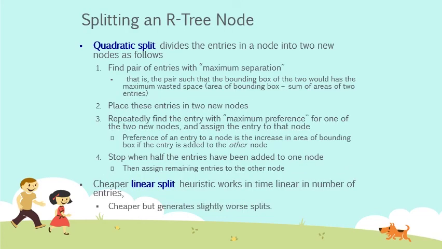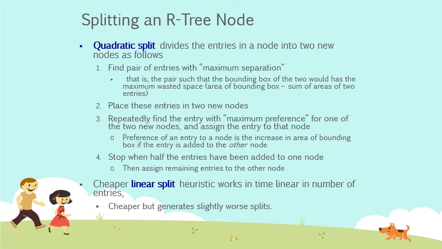Now let's see quadratic split, which divides the entries in a node into two new nodes as follows. First, find the pair of entries with maximum separation, that is, a pair such that the bounding box of the two would have the maximum wasted space, or area of bounding box minus sum of areas of the two entries.